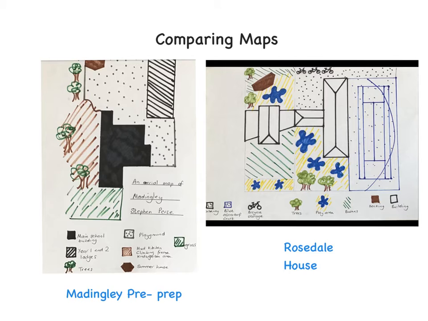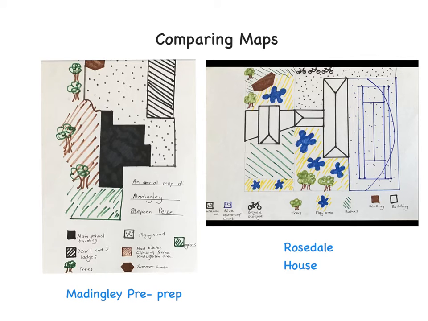Today, Year 1, we are going to compare the map we made of Madingley Pre-Prep, which is here, to the map of Rosedale House, which is here. I want you to look at the maps very closely.